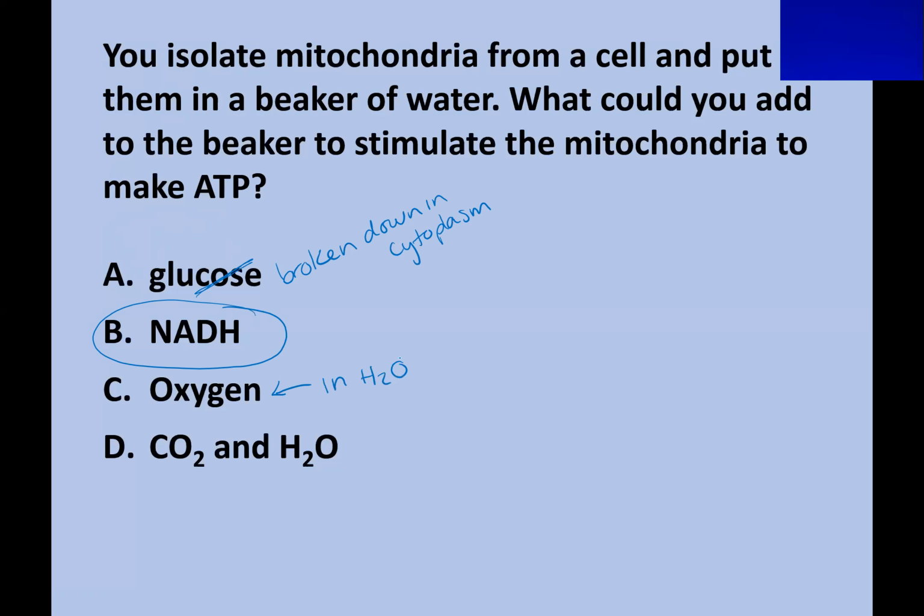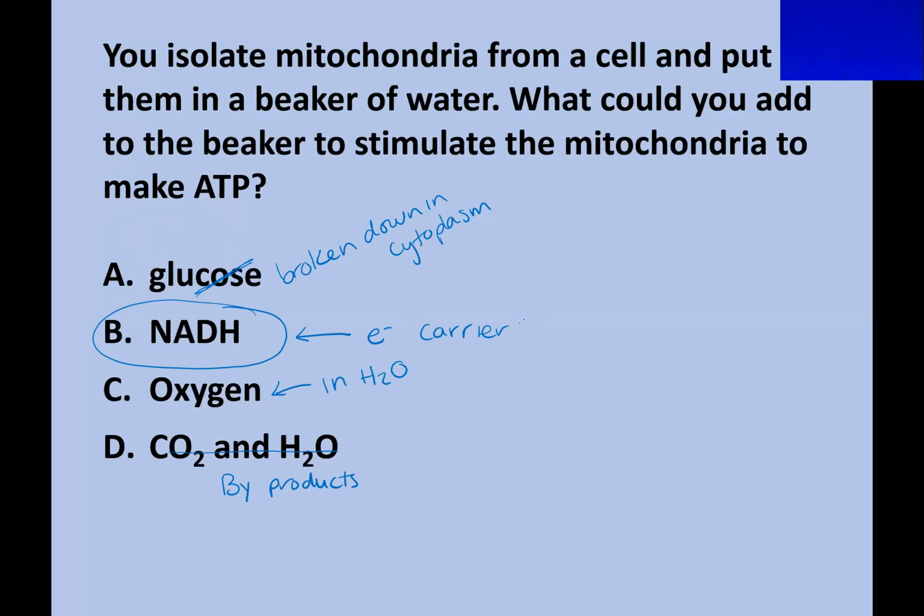So that's why I say that one's not correct. These two are byproducts. They're not needed to make ATP. They're released in the production of ATP throughout this whole thing. So NADH, remember, is the electron carrier to keep that electron transport chain going.